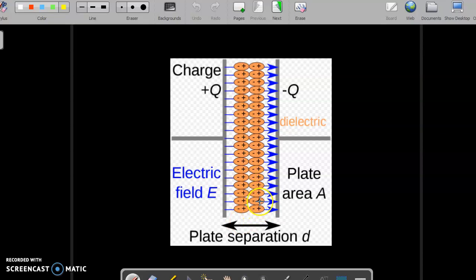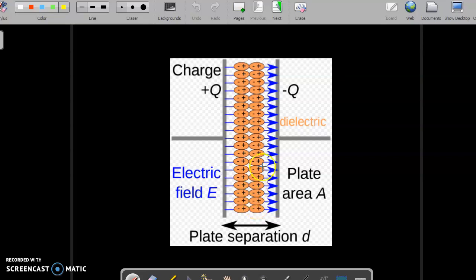So what will happen? It will polarize: the positive and negative charges try to realign their positions. One group of charged particles will align to one side, and the opposite charged particles get aligned to the other side.